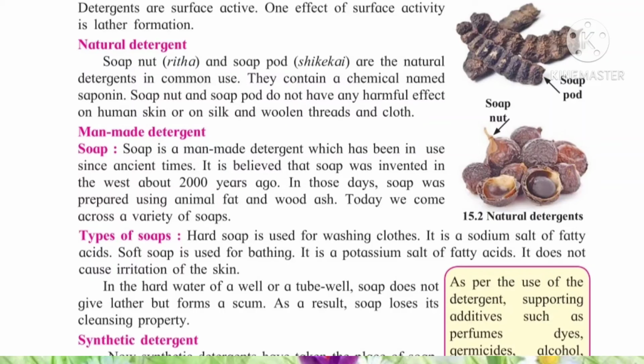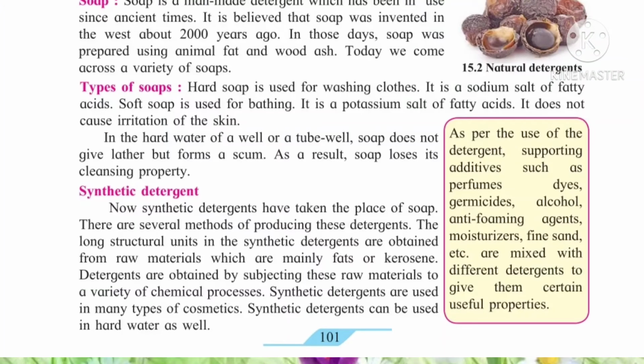Now the next type is synthetic detergent. Synthetic detergents have taken the place of soap. There are several methods of producing these detergents. The long structural units in synthetic detergents are obtained from raw materials which are mainly fats or kerosene.